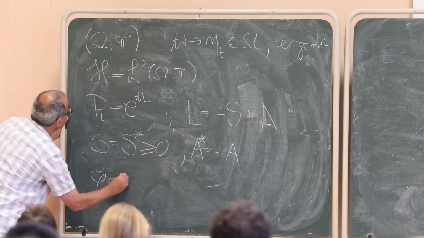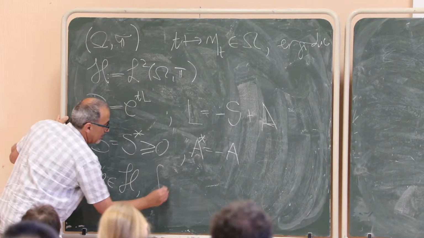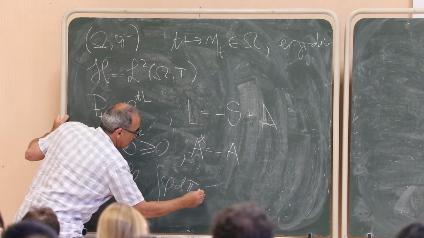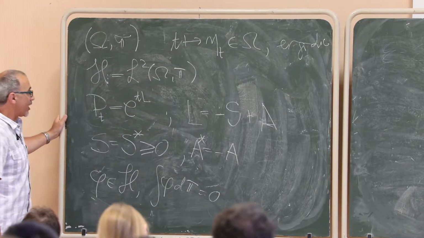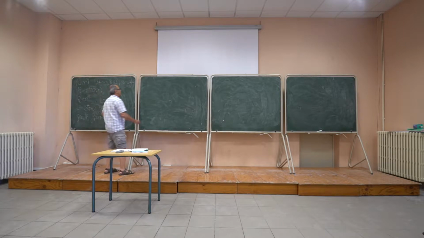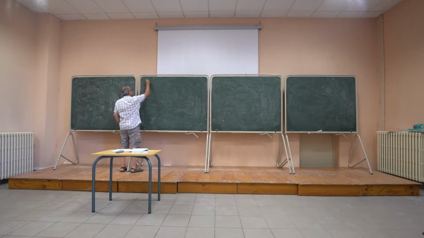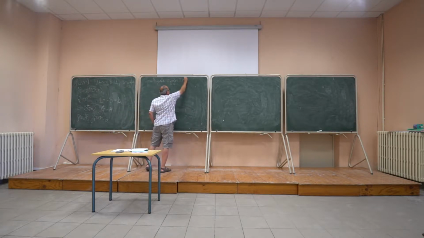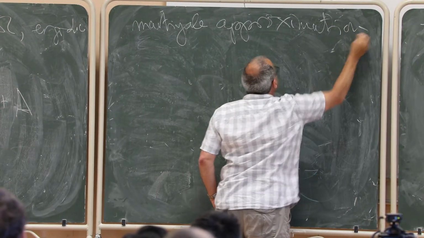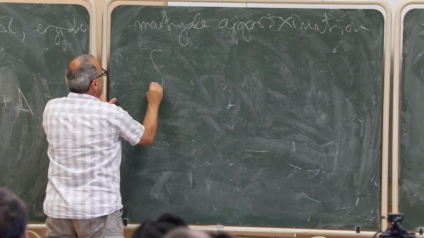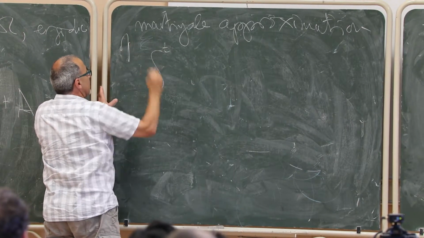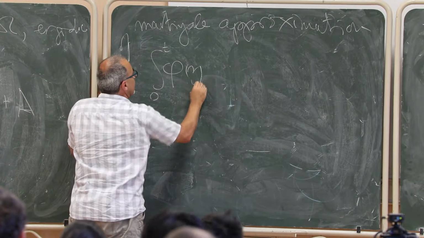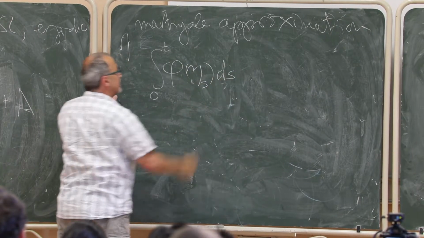Let me call it phi in H with zero mean, and we are interested in Martingale approximation of the integral from 0 to t of phi of eta s ds.